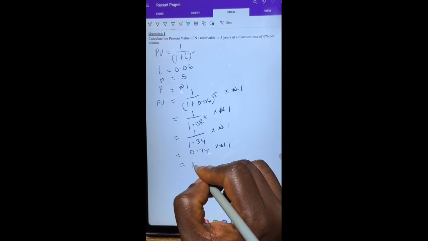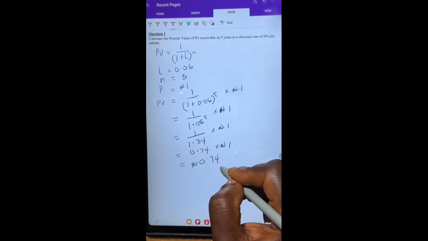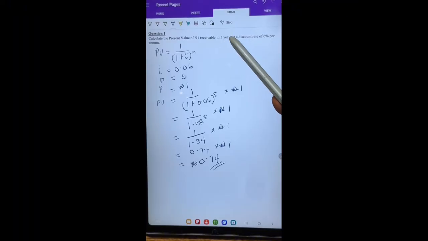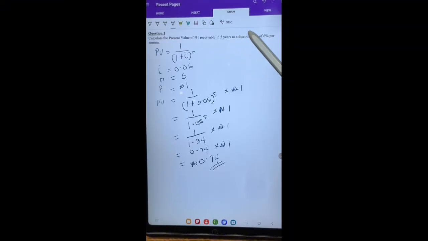So our answer is 0.74 naira. The interpretation of this is that if I am going to get 1 naira in 5 years' time and the discount rate is 6%, I must invest 0.74 naira today. I must invest 74 kobo today to be able to get 1 naira in 5 years' time. That's the interpretation of this.